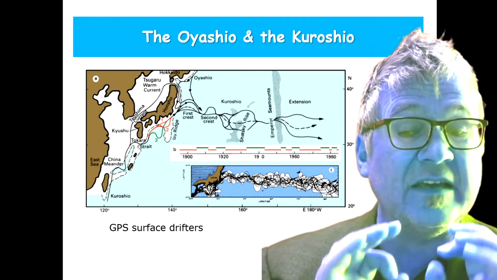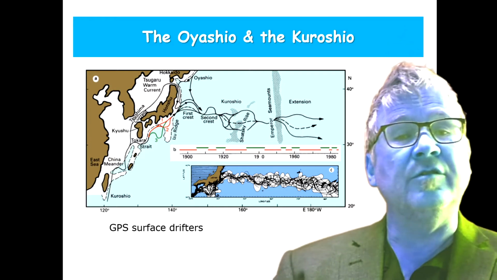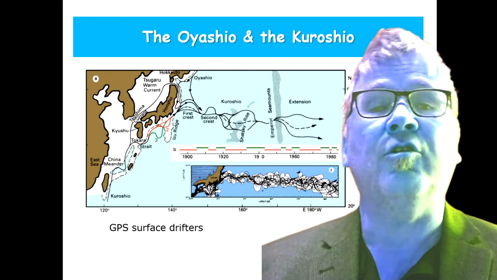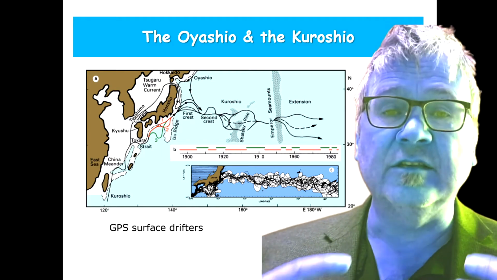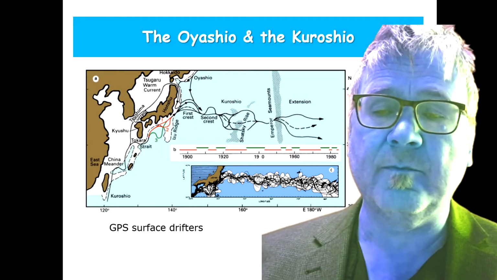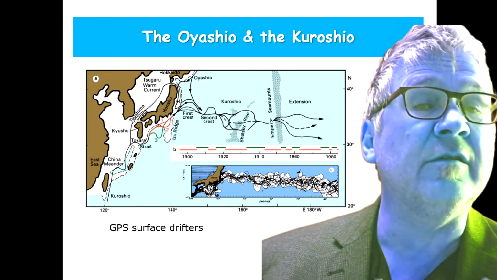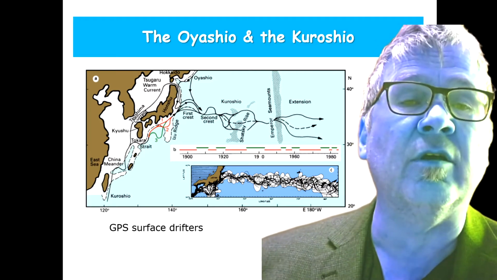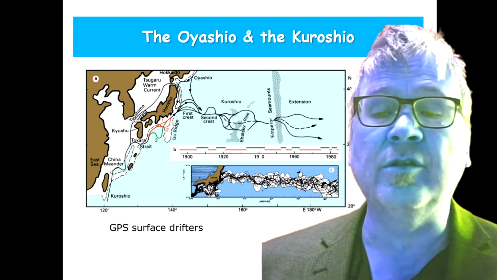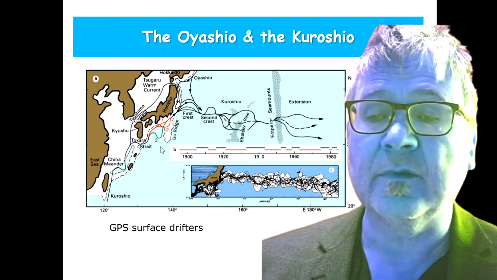These are GPS drifters that you deploy in the ocean. They communicate with satellites and send the geographical coordinates. And from that you can determine the location where these boundary currents meet and also the mean pathway.